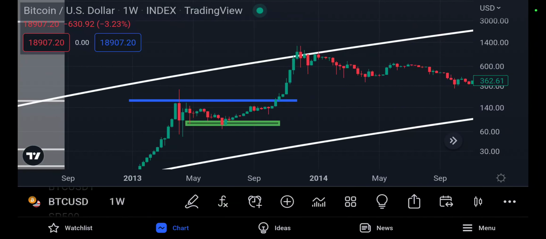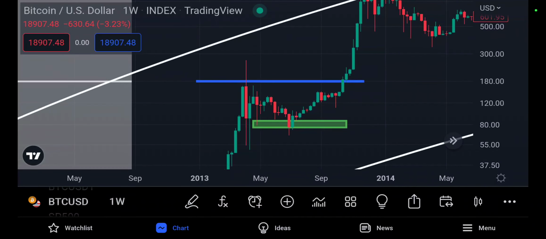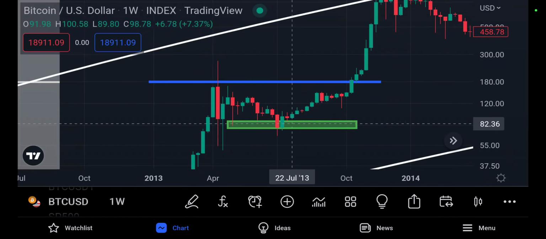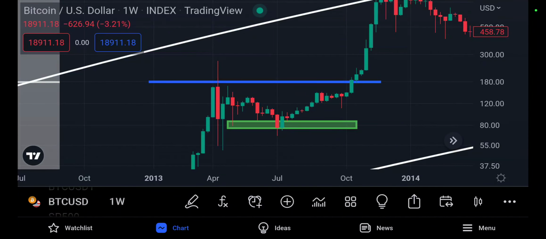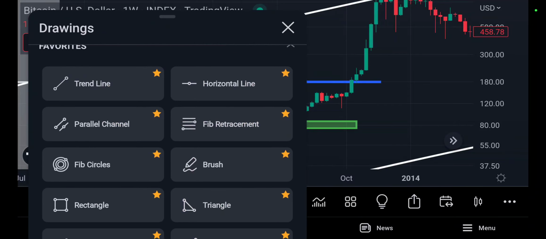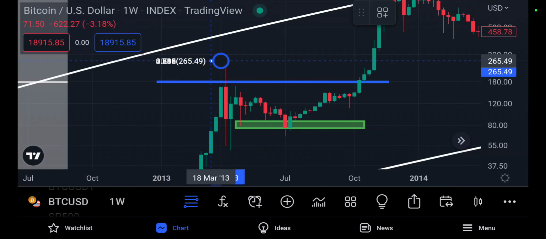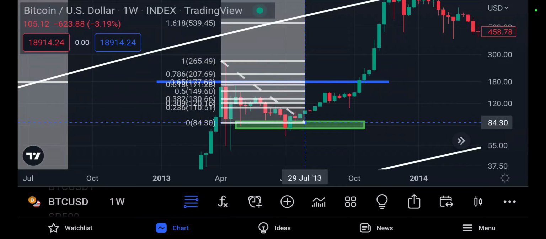So what is coming next, what I'm going to do next is, since we noticed the bottom was around the 0.618 Fibonacci, we take another Fibonacci retracement, pull that tool out, go from the top price over there to the low price.